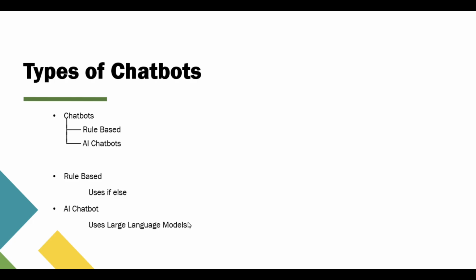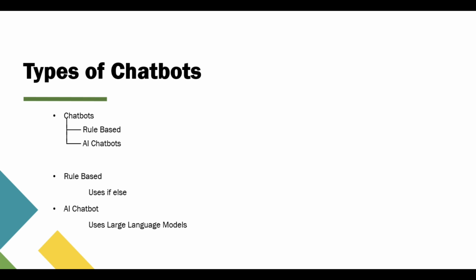Types of chatbots. There are two types: one is the rule-based chatbot, and the other is the AI chatbot. A rule-based chatbot always uses if-else paths, working with predefined rules. So we already define some questions, and based on that it will answer.